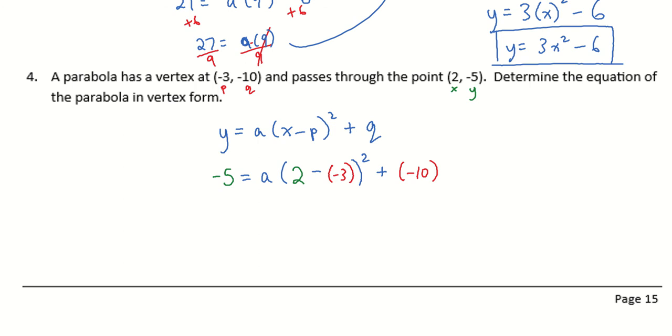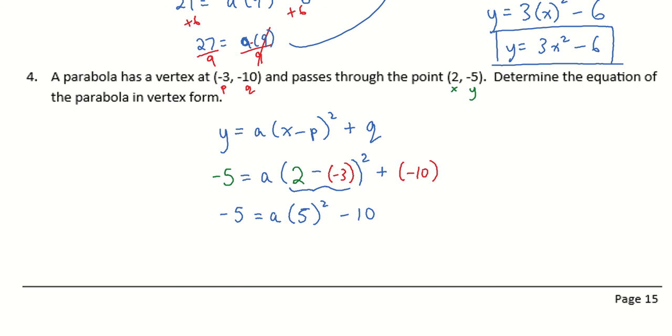All right, so let's simplify. We've got negative 5 is equal to a times, well, this becomes 2 plus 3, which is 5 squared, and plus negative 10. I'm just going to shortcut write that as subtract 10, because that's what will ultimately happen.